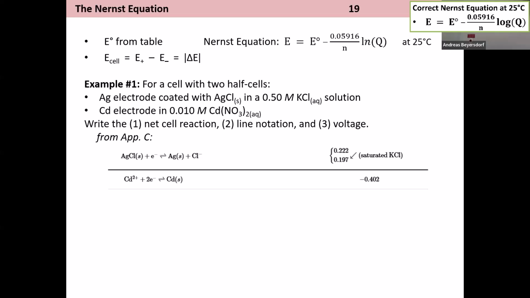And this we have at 0.222 volts. Okay. All right, so let's go ahead and calculate these. Now one thing is, remember we had 2 electrons here, and here we had to double it. So it's 2 AgCl plus 2 electrons going to 2 Ag plus 2 Cl minus.